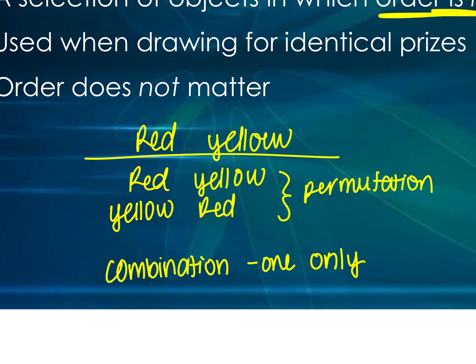Whether I cross out the top one or the bottom one, combination is saying again, order doesn't matter. Red and yellow is the same thing as yellow and red. Whichever way you write it, I'm going to have one pair.